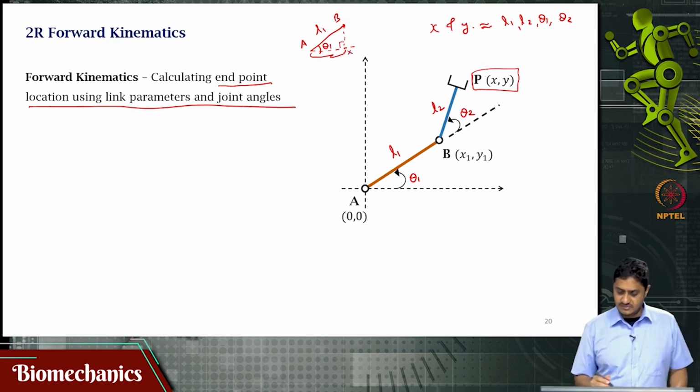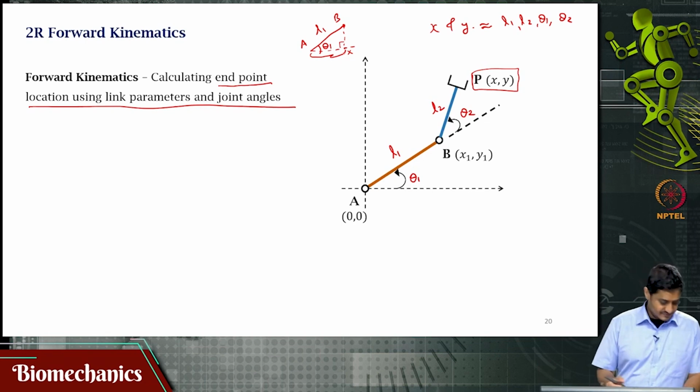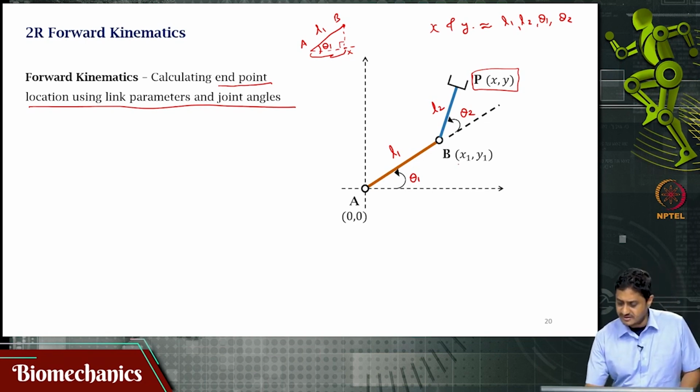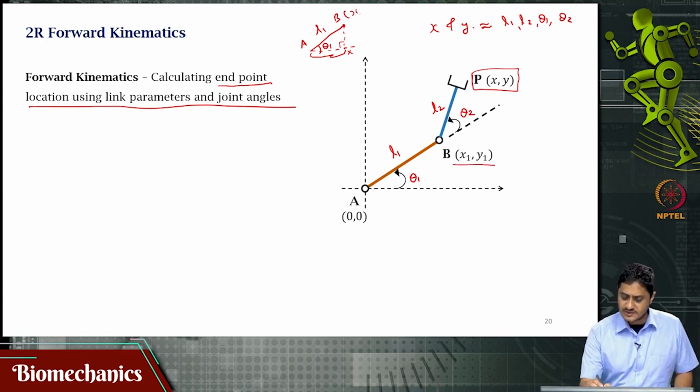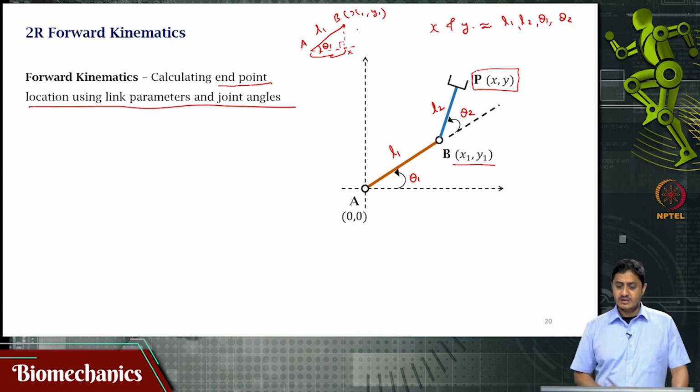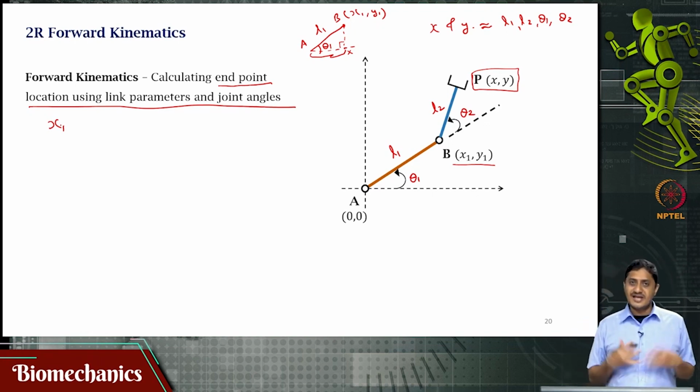The adjacent side of this right triangle is the x coordinate of the point B. Let us call these coordinates x1 and y1. This B is going to have coordinates x1 comma y1. The question is, what is x1? x1 is the adjacent side of the right triangle ABX.